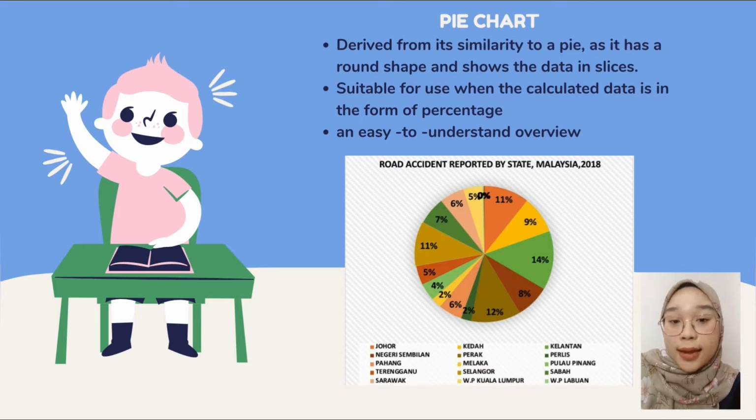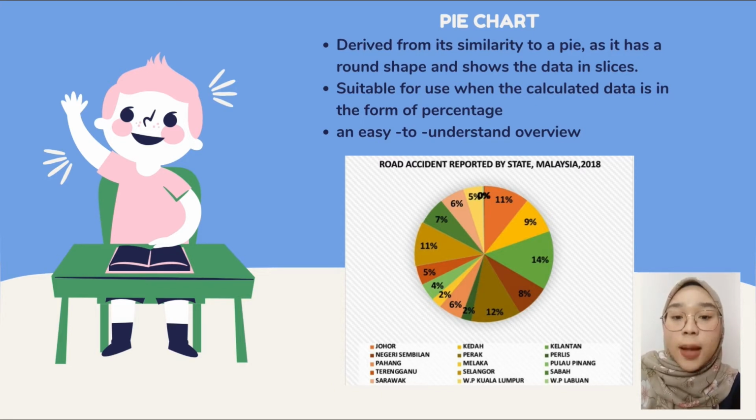Based on the analysis that has been done, as many as 12,625 people were involved in road accidents in 2018.